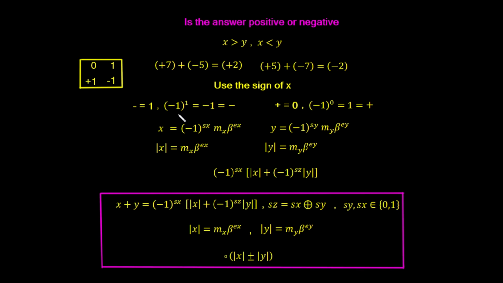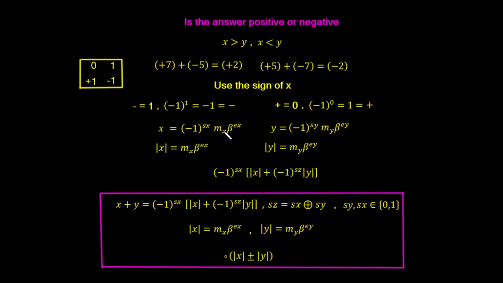So if we were to take our value for x and split the value of x into the sign for x and the magnitude for x, then the sign for x here would be minus 1 to the power of sx, and for y it would be minus 1 to the power of the sign of y.